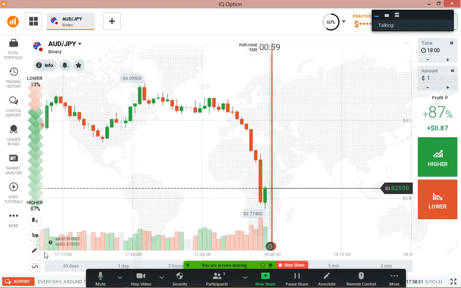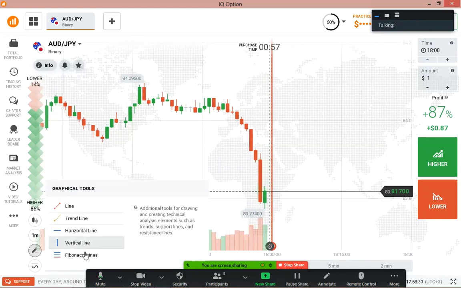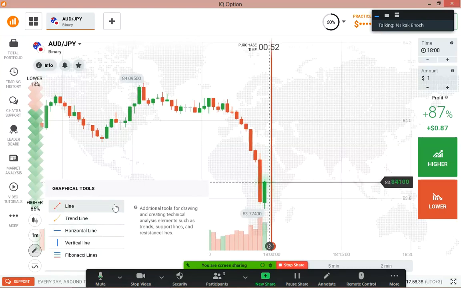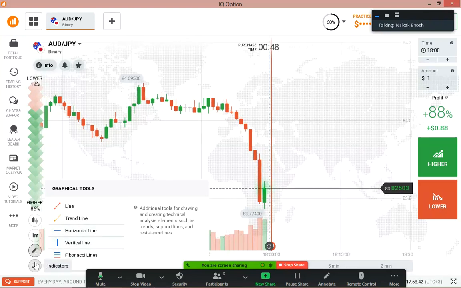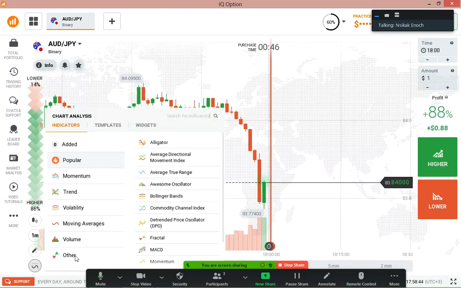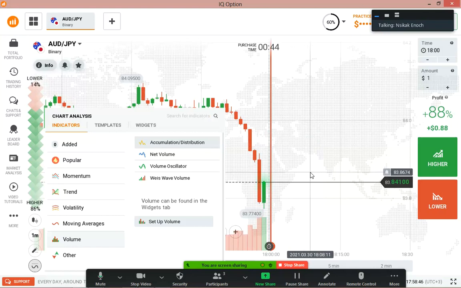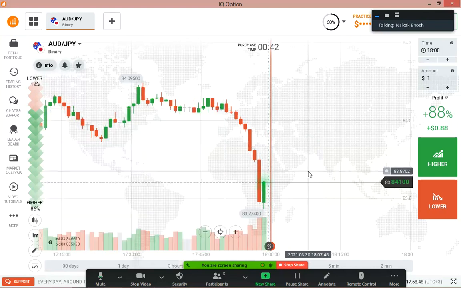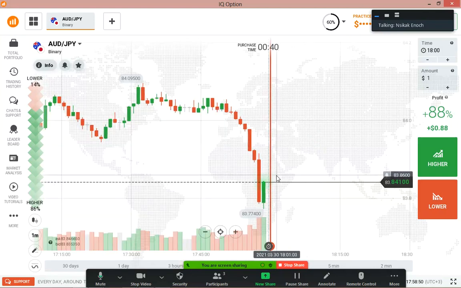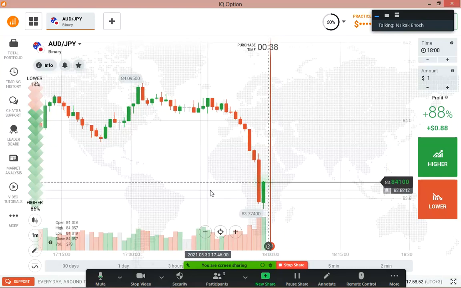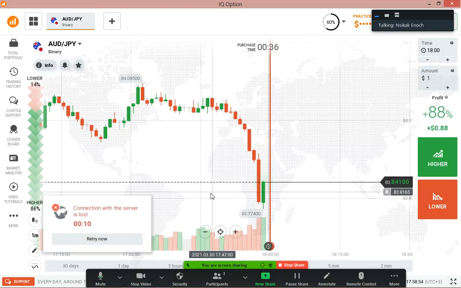Either you use the Fibonacci, the horizontal line or the trend line. Sorry, the vertical is not included. Or you use any of these indicators that will show you where the support and resistance is located. So I'm going to show us tomorrow how to trade on support and resistance.